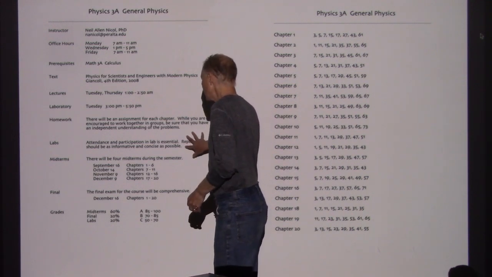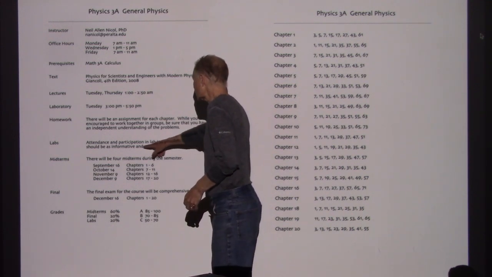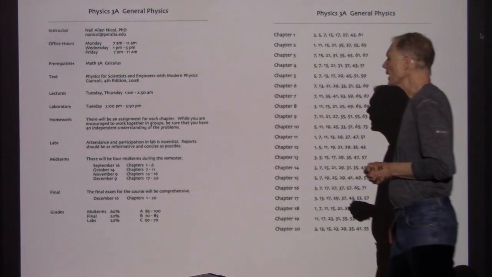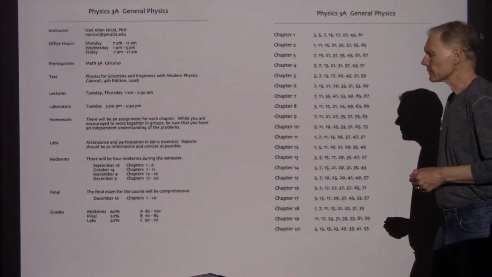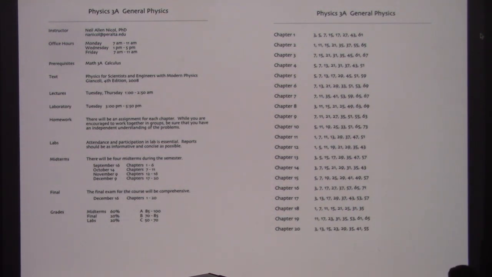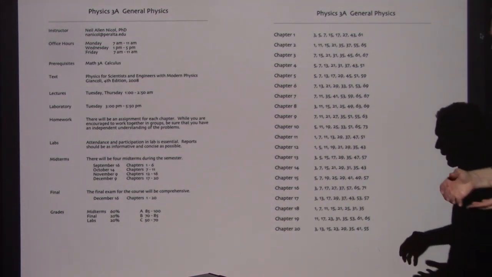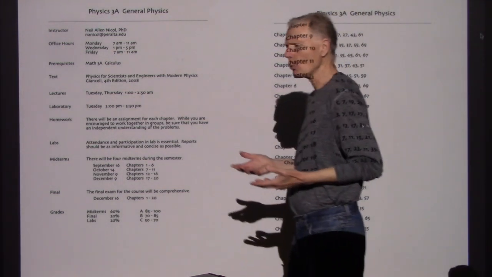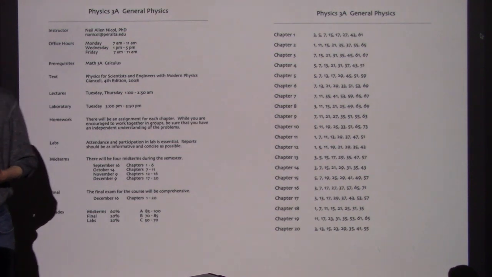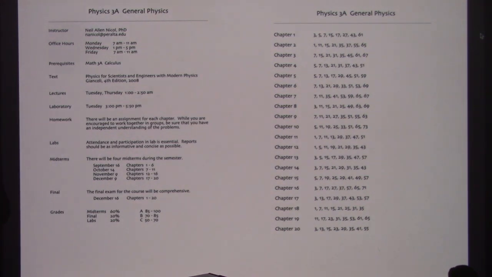With the labs, the reports, I'm going to talk about the reports a bit. They should be informative and as concise as possible. There's no need to go on for pages and pages with the lab reports. Once we start the labs, along with Lab 1, we'll be going over the labs and talking a little bit about what the expectations are for lab reports.